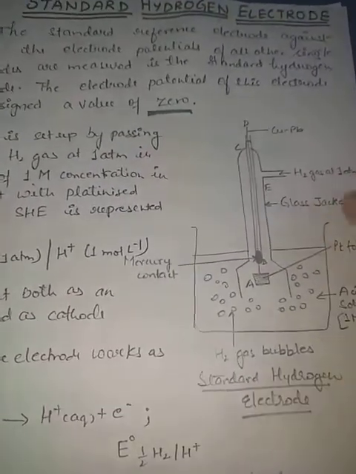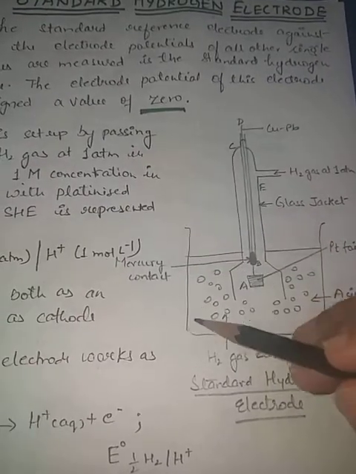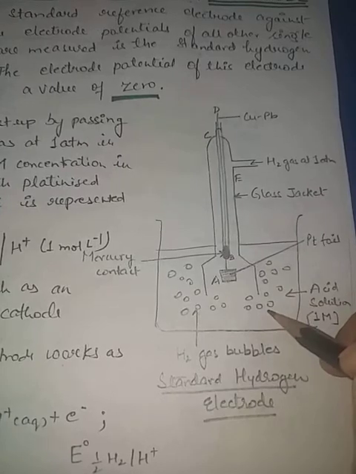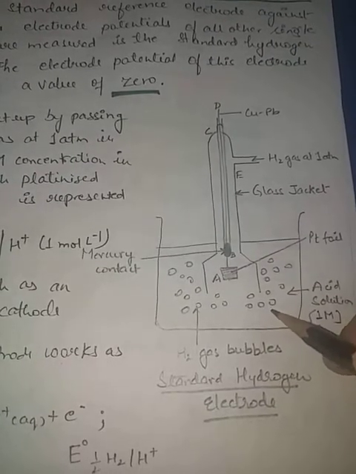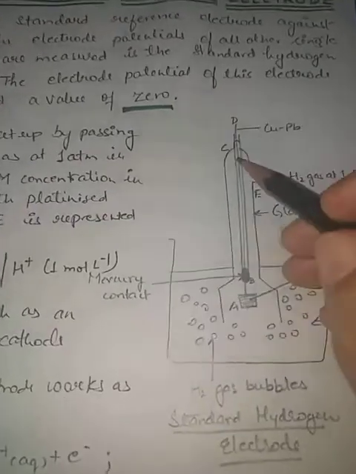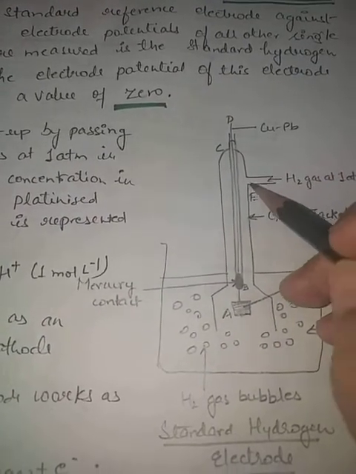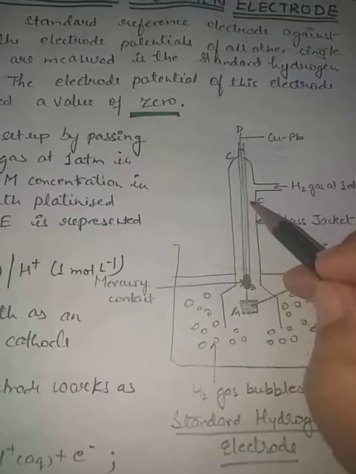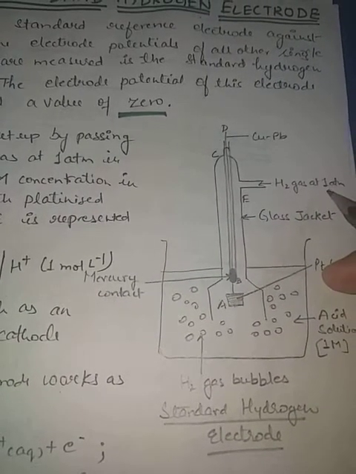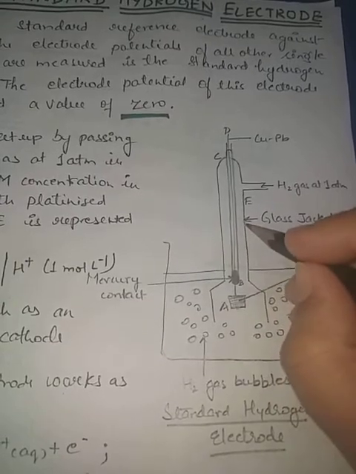We can see here clearly that in a vessel we have taken acid, that is HCl. 1 molar HCl is present here, and we know that HCl contains H plus ions. Hydrogen gas comes into the assembly, and the pressure here is 1 atmosphere. This is the glass jacket.